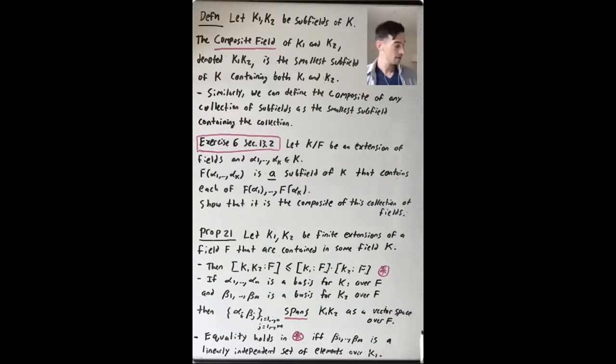And then when does equality actually hold here? So if this extension has degree n, this has degree m, this is n times m over here. When is the degree of this extension actually n times m?